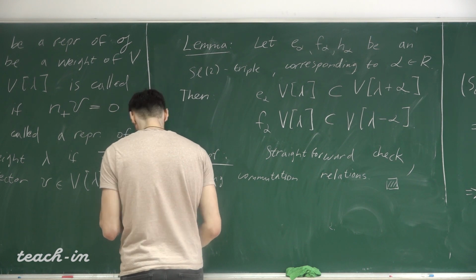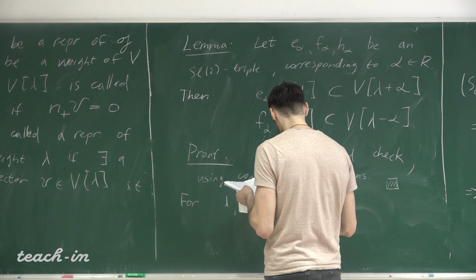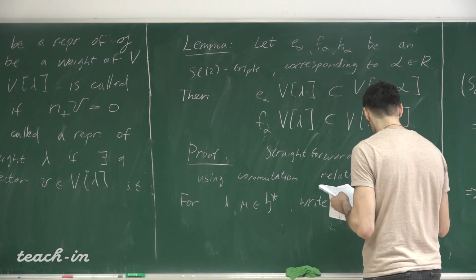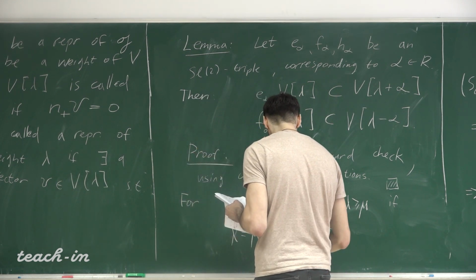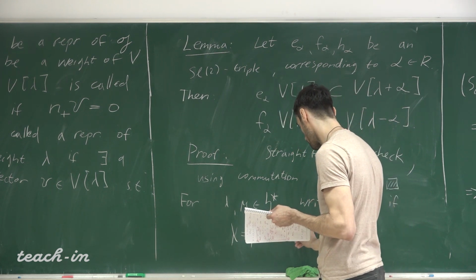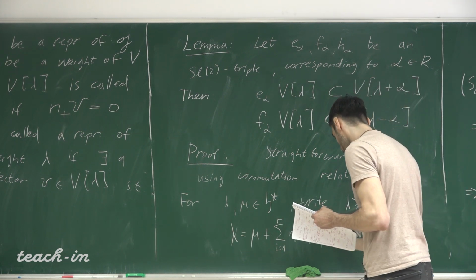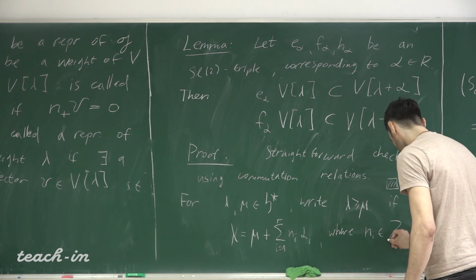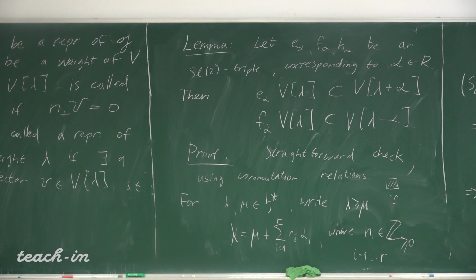For lambda and mu, elements of H star, we write that lambda is greater or equal than mu if lambda is mu plus a sum of n i alpha i, where alpha i are simple roots, i from 1 to R, and n i are non-negative integers for each i from 1 to R. So this is our definition of partial order on H star.